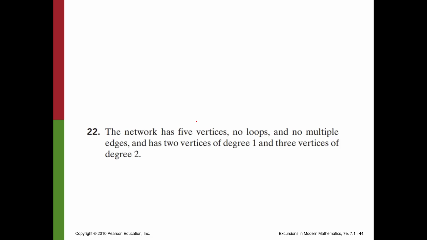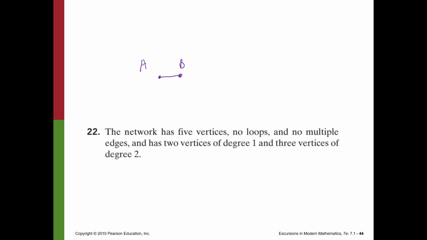The network has 5 vertices, no loops, and no multiple edges, and has 2 vertices of degree 1 and 3 vertices of degree 2. We only have 5 vertices, so let's call one of the ones with degree 1 A. Then it's going to connect to something over here, and we'll call that B. If B has degree 1, then the graph would not be connected.